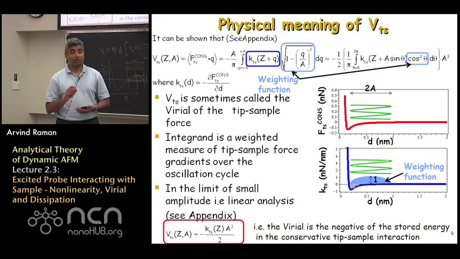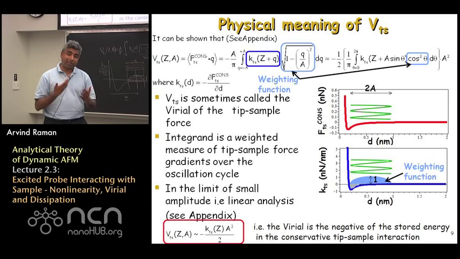This is in the limit of very small oscillation amplitudes, which means that in this limit, we can regard the tip sample interaction virial as being the maximum potential energy stored in the conservative tip sample interaction forces, as encountered by the oscillating tip.